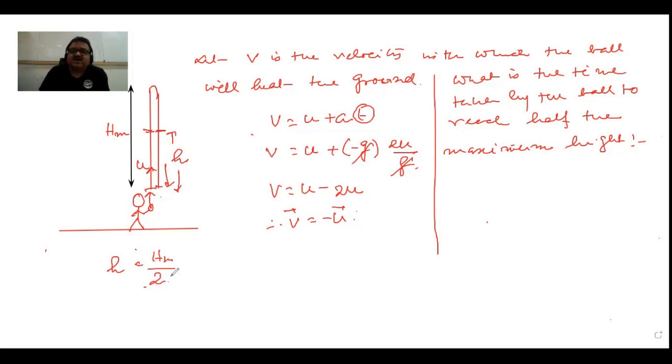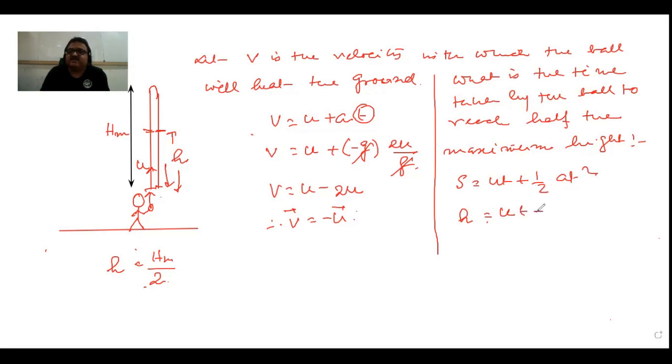Okay. Now look here. We are going to apply the formula s is equal to ut plus half at square. Now s is equal to, let us write this as h. Now u is what? u into t plus half at square.